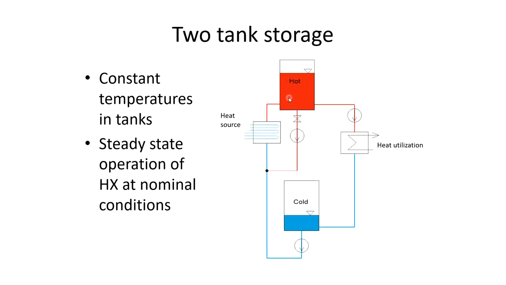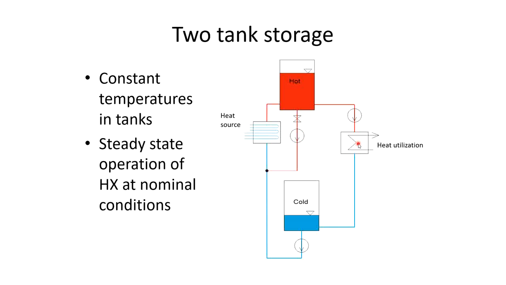If the hot tank is cooling down, we also have the option of some recirculation to keep up the temperature. And when the heat is needed, the fluid is pumped from the hot tank to some heat exchanger or directly for heat utilization.